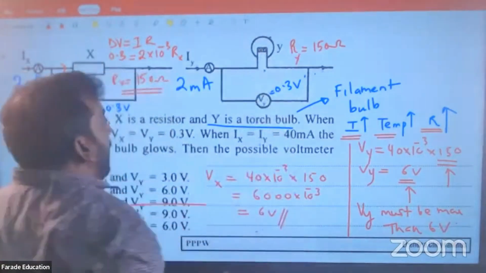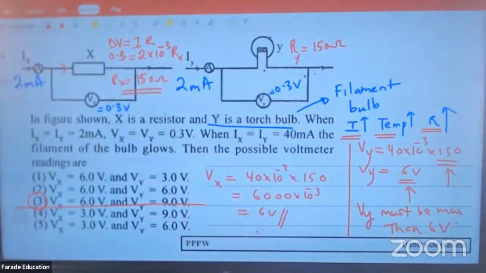But in a filament bulb, when the temperature increases, the resistance will increase.